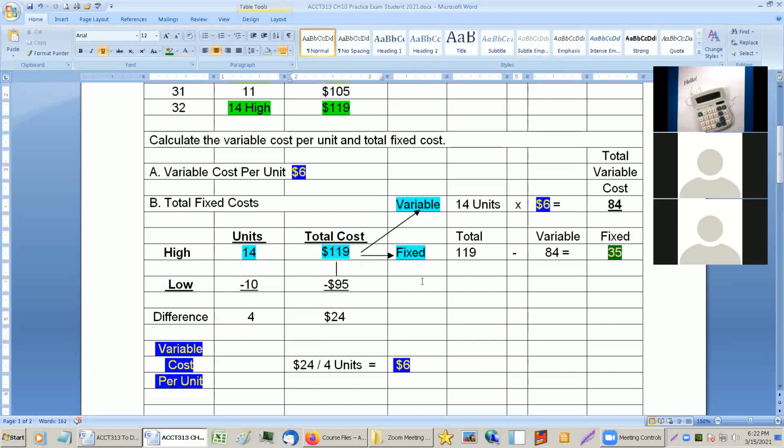Okay, so some of these are variable. We're going to do the same thing down here, and we should come up with the same fixed cost because it should be the same, it should be fixed.